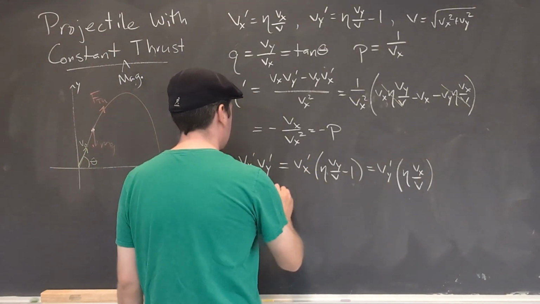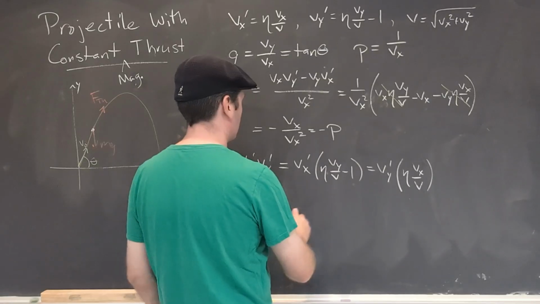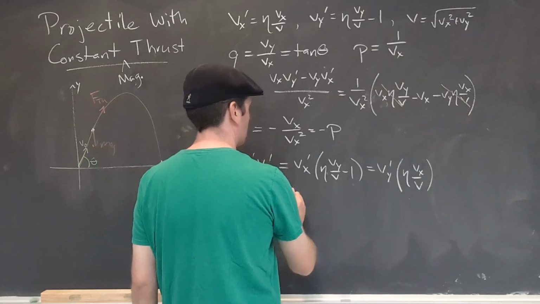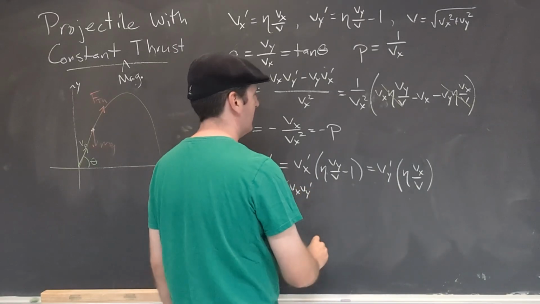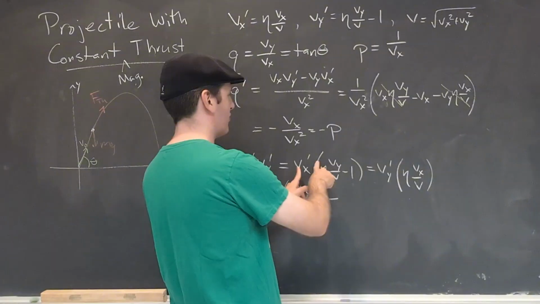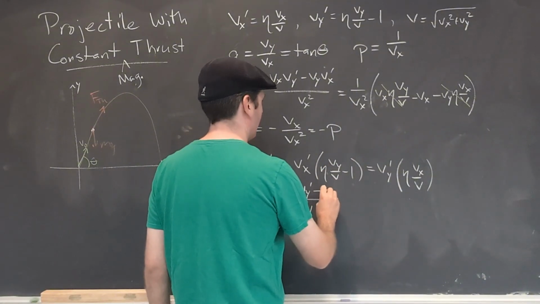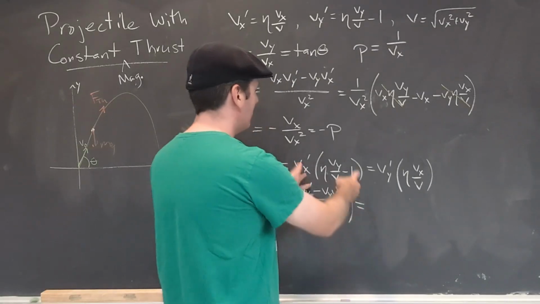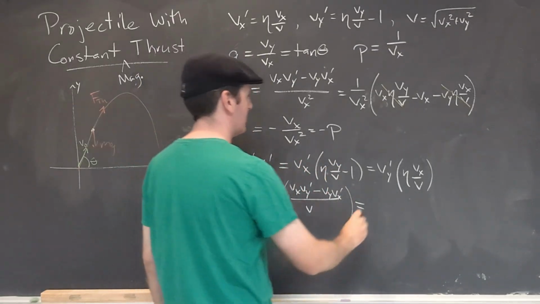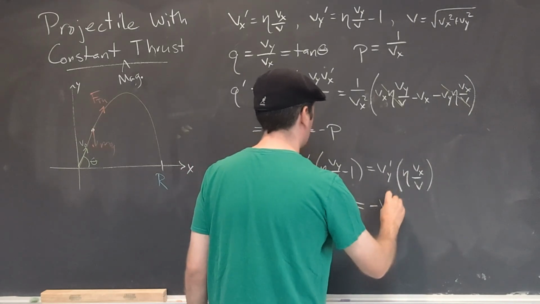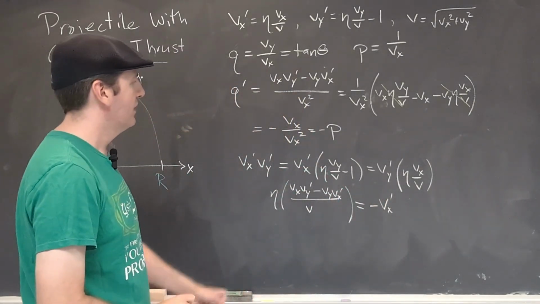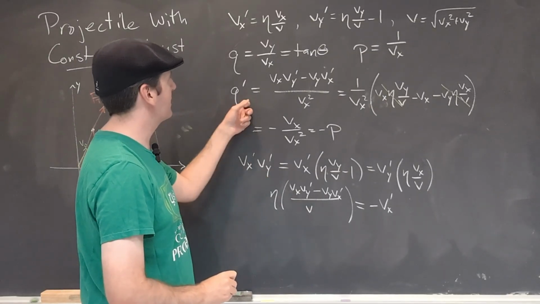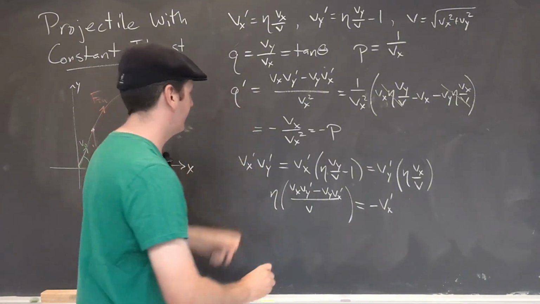So what will we get? We'll get eta times, I'll keep this side on the correct side. So we'll have Vx Vy prime, this will all be over V. And then I'll subtract this term over, and that is Vy Vx prime. And then I'm left on this side with just minus Vx prime. But this right here is actually very closely related to Q prime.